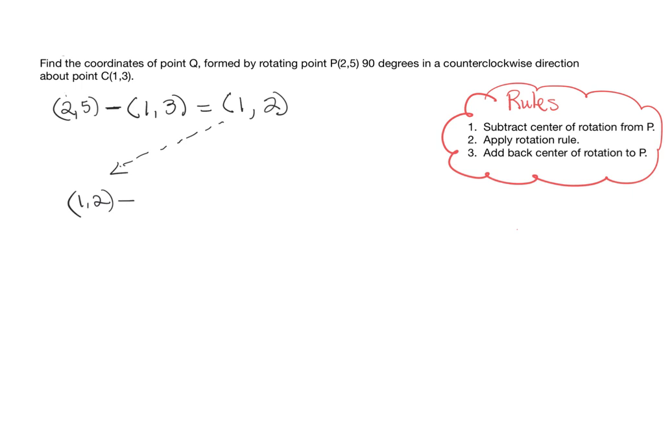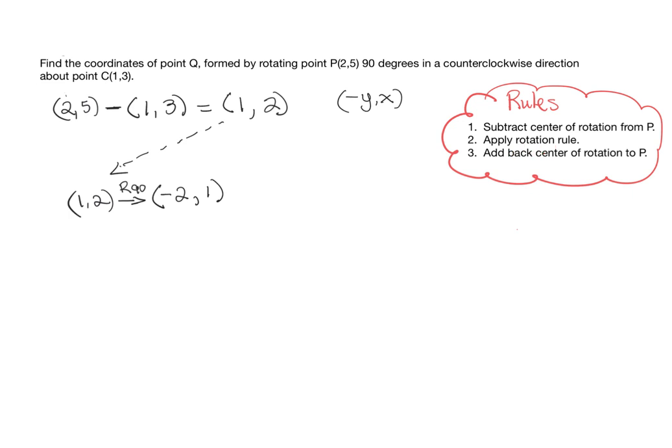So I'm going to take this guy, and I'm going to negate the y, and then write the x. Okay, so all I just did right here was my 90-degree rotation rule, which is negative y, x. So we did what was given minus the point we're rotating it around. We get a number, bring that down, do the 90-degree rule.